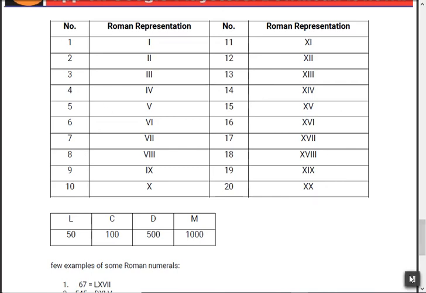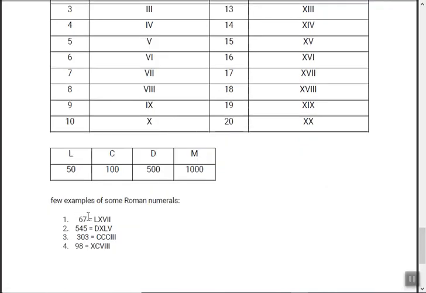Okay. Check these examples. How is 67 written? See this, 50, 10, 60, then 7. 545 means D, 500, then XL, V. What does that mean? 545 we are talking of. So L is 50, and X before 50 is 40, and V is 5.